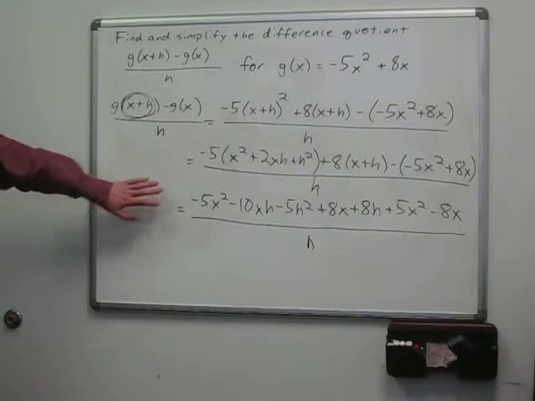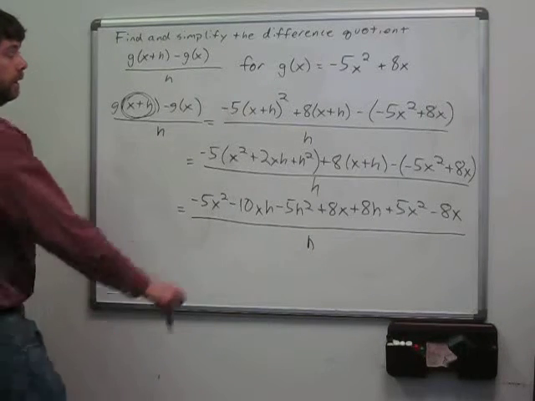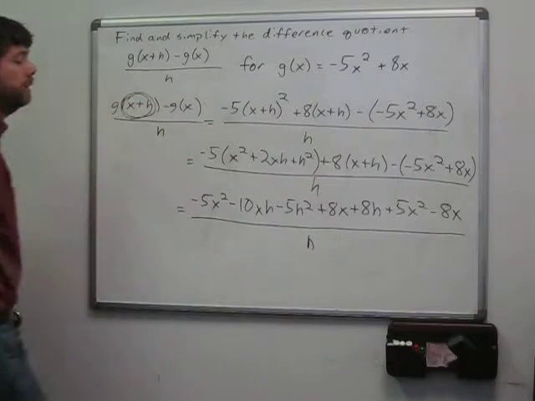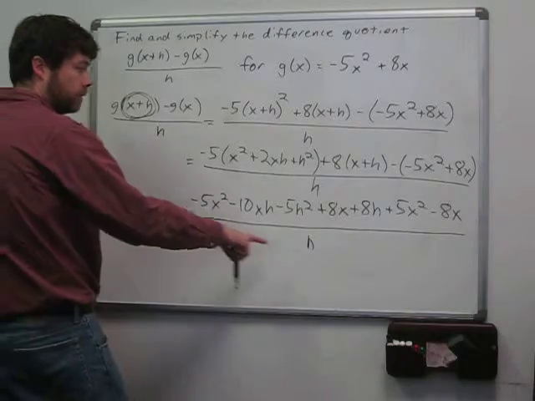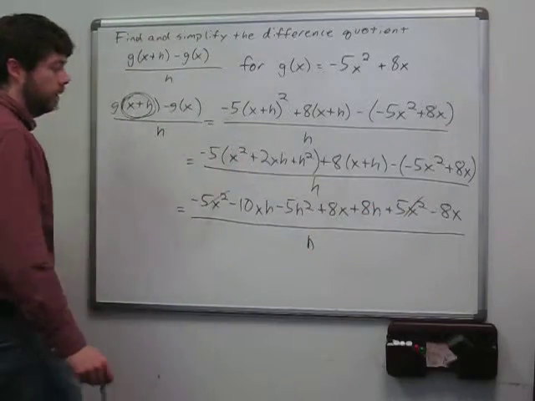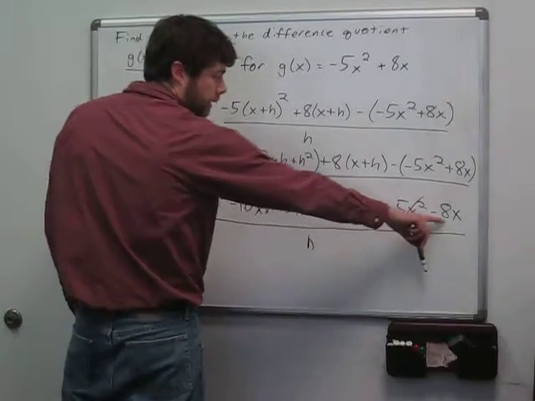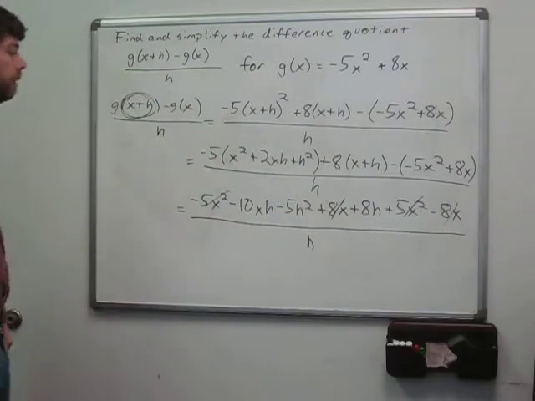So at this point, we've gone ahead and distributed or expanded out our numerator completely. And at this point, we notice that there are terms that are going to cancel. Right? We expect, working with very nice polynomials like this, that any term without an h is going to cancel. We have a negative 5x squared and a positive 5x squared, so that's going to sum to 0. The 8x and the negative 8x will also sum to 0.